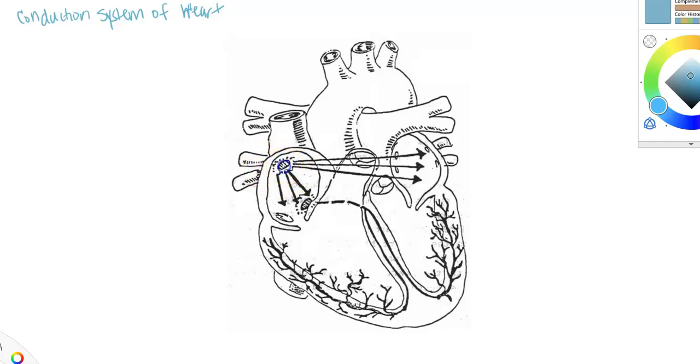So this little nodule right here, which is in the right atrium, is called the SA node, or also called the sinoatrial node. And this guy is the pacemaker of the heart.